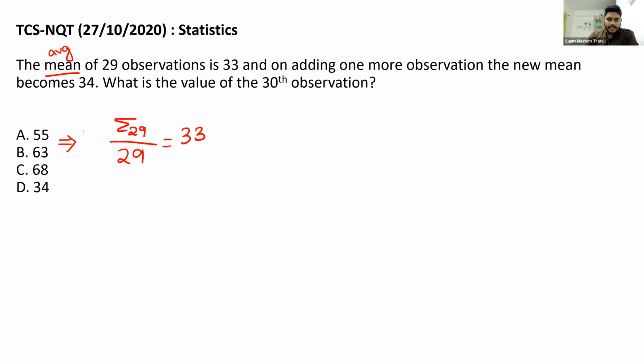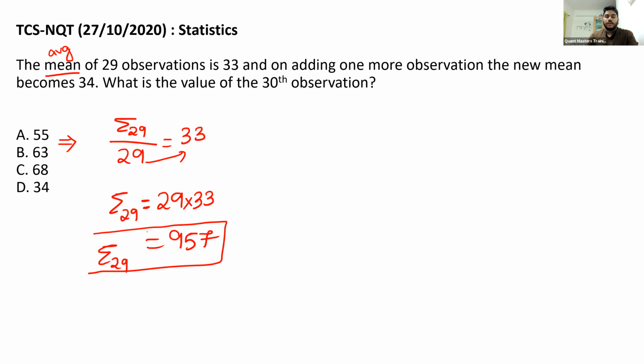Then we'll come to our technique. Sum of 29 observations will be 29 into 33. Now start doing drama. 29 into 33 is how much? 990 minus 33, that is 960 minus 3, 957. So this is the sum of 29 observations.